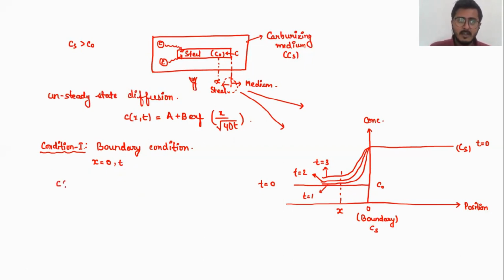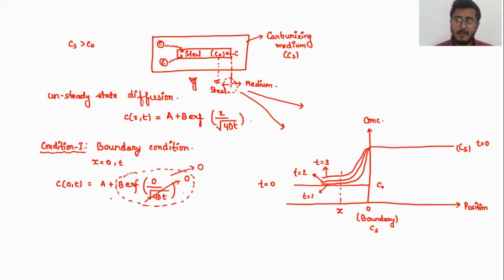So C of 0, t is equal to A plus B error function of x over under root 4Dt. Now your X is equal to 0, right? If X is 0 in the numerator, then definitely this complete part will be equal to 0. And as per the definition of the error function, the error function of 0 is nothing but equal to 0, right? So I can equate this complete portion to 0 for your boundary condition.